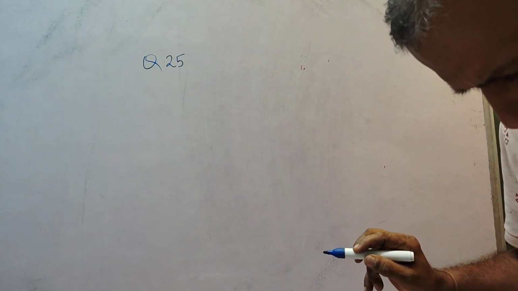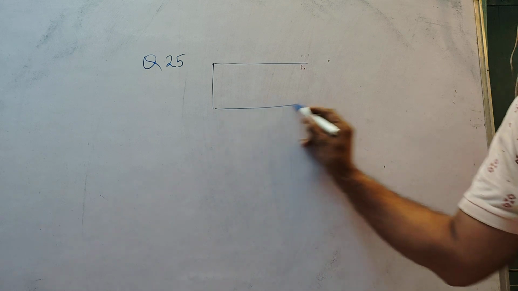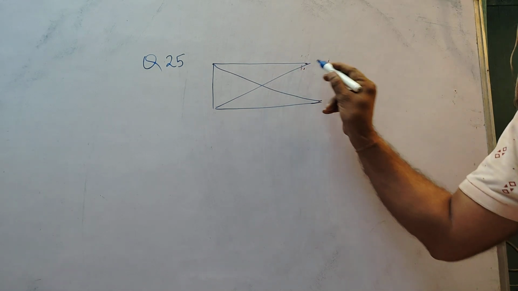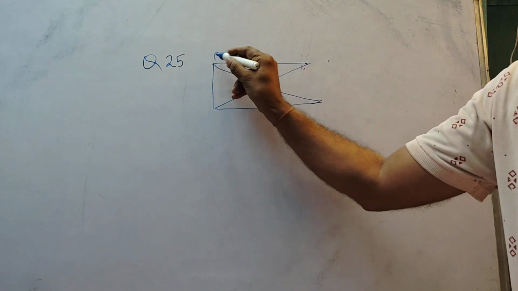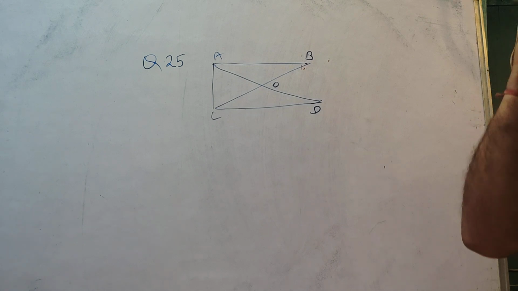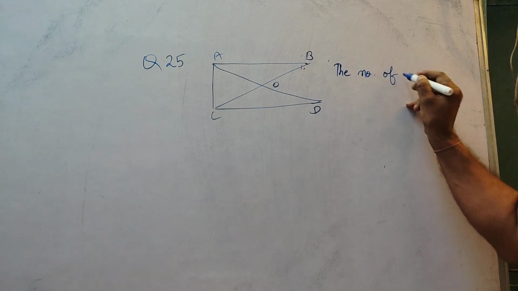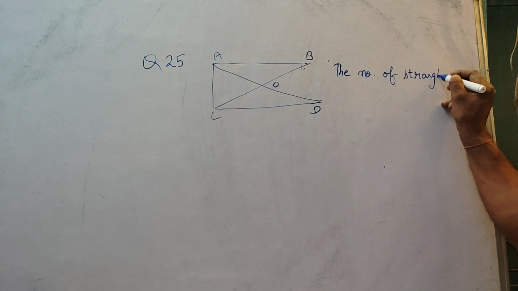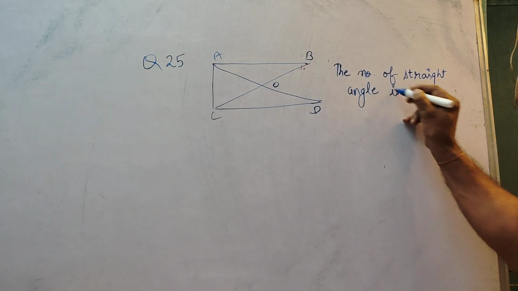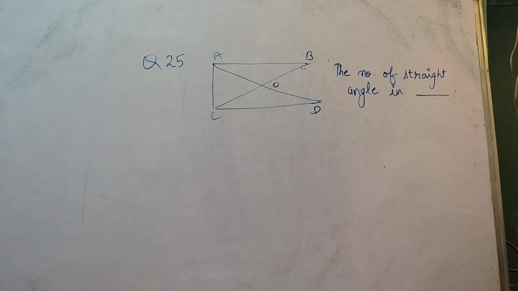Now question number 25. The number of straight angles in the figure is, so again the same figure, A, B, C, D, O. The number of straight angles in the figure is.